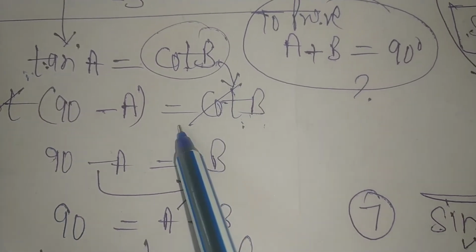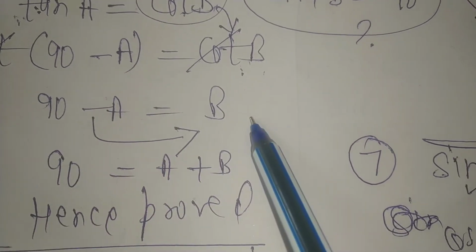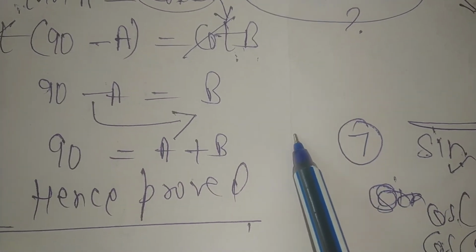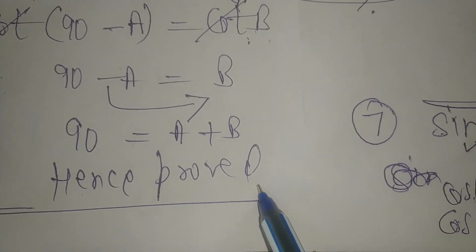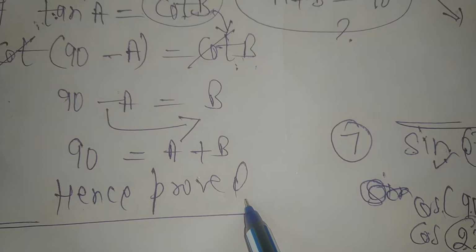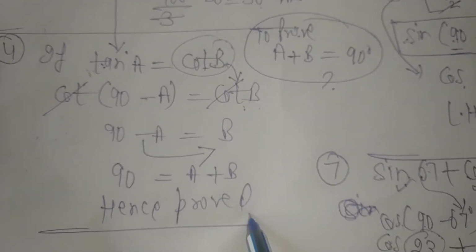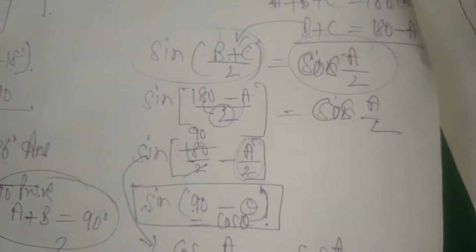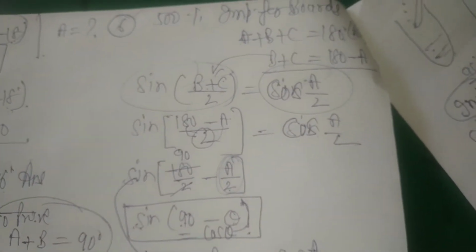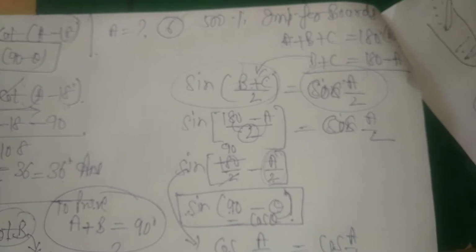So cot to cot will cancel. So 90 minus a equals b, minus a we will bring to the right hand side. So a plus b equals 90. This is what we want, hence proved. It's a quite simple question, very important for the UT, and 500% for the boards. Question number 6 is very important, and question number 5 is your homework, students.